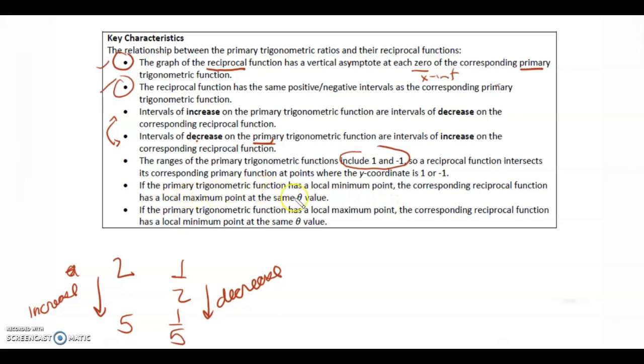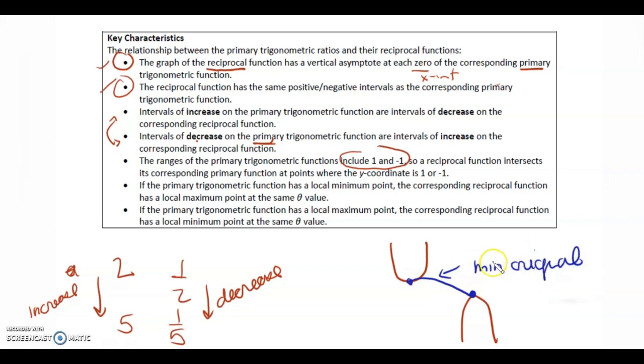If the primary trig function has a local minimum point, the corresponding reciprocal function has a local max at the same value. So this is the reciprocal, this would be the original.